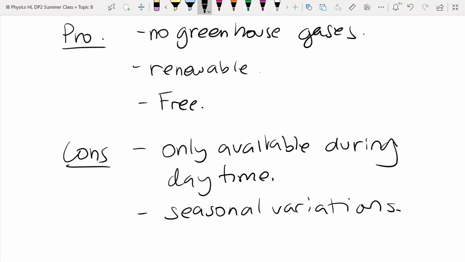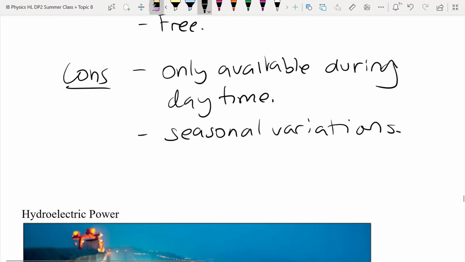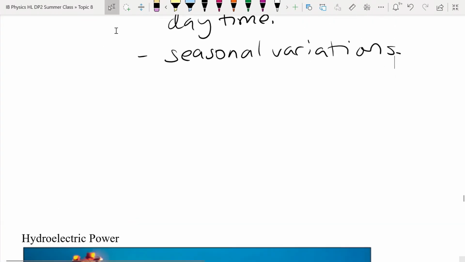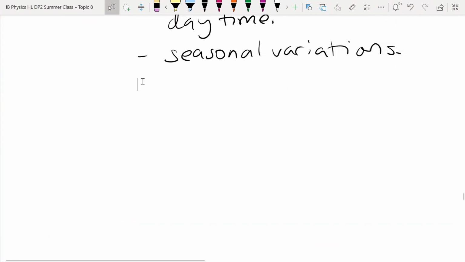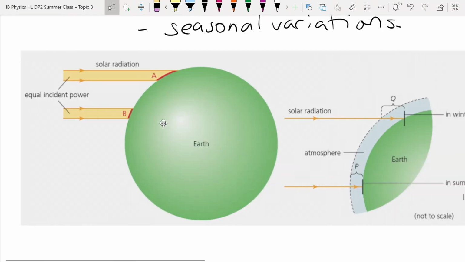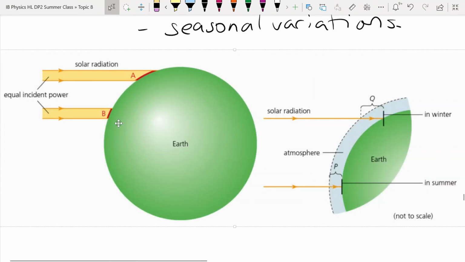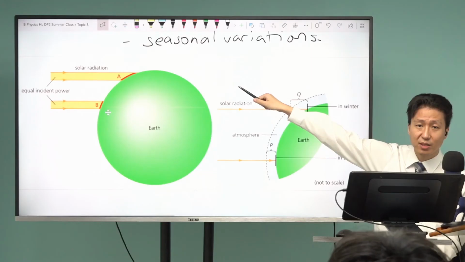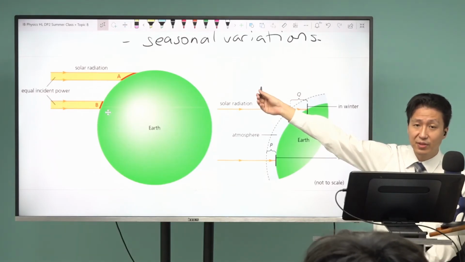If you would like to see why this is, let's open up some space. What happens is, as you go to higher latitudes, the angle is not the same.